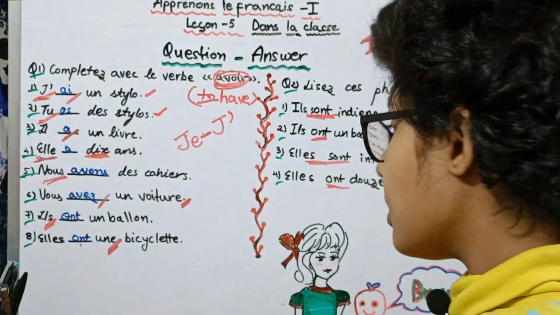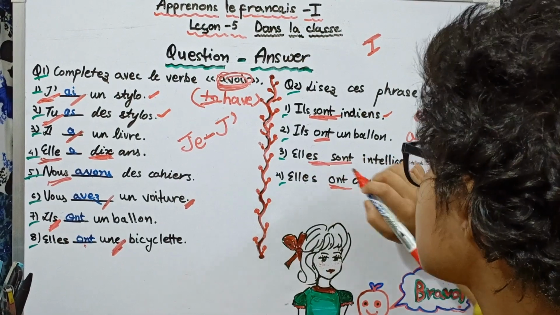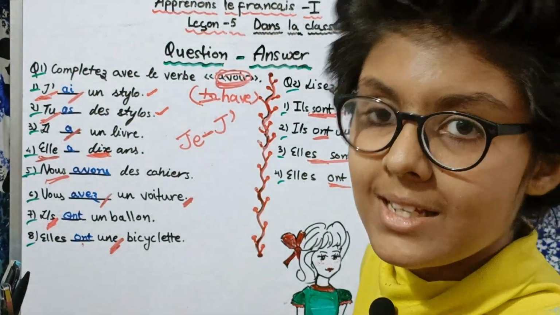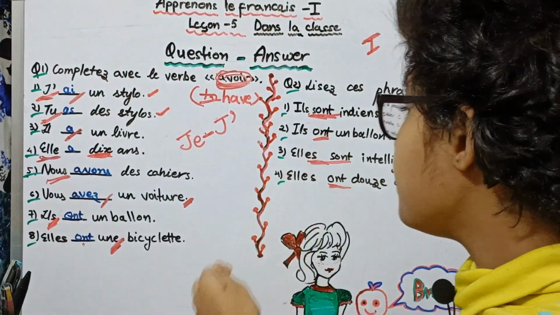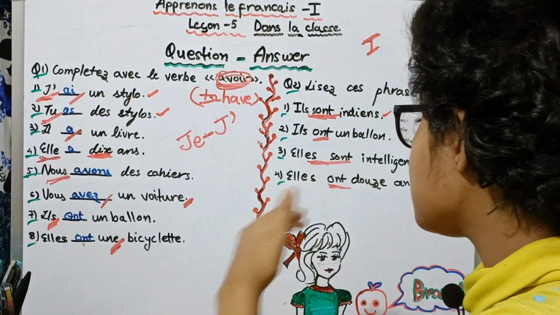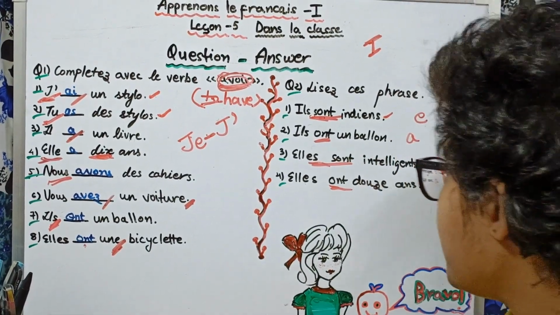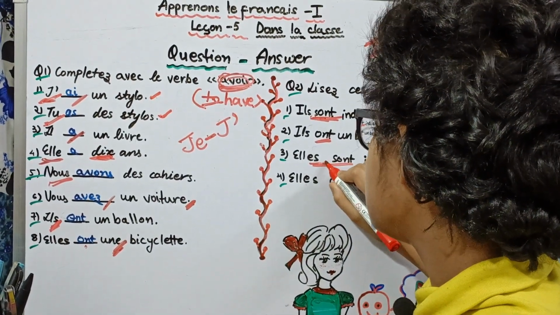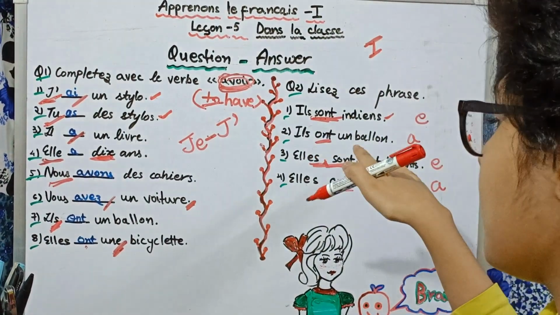They all have something. So now the third sentence is elles sont intelligentes. She is intelligent. So they're telling us that that person is intelligent. The verb être means to be, and here they are telling us that that person is being intelligent. So sont will come here.